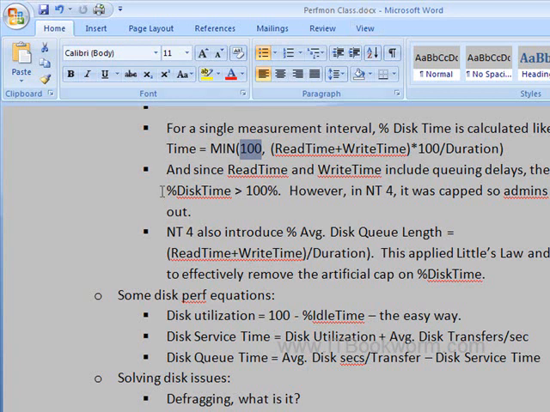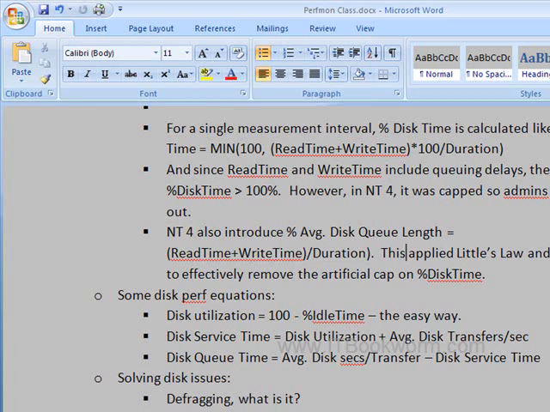That is a direct application of Little's Law right there. Which again, were you here for that, Joe? Which again is just a queuing equation. It's a basic queuing equation. And that allowed them to effectively remove that artificial cap on percent disk time.